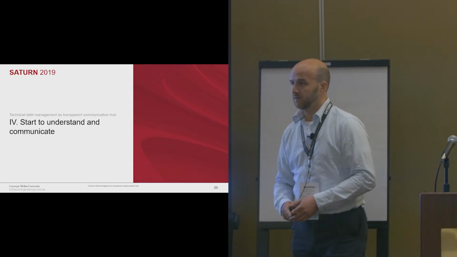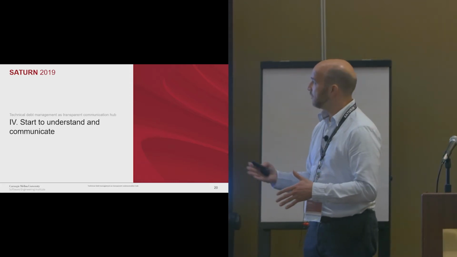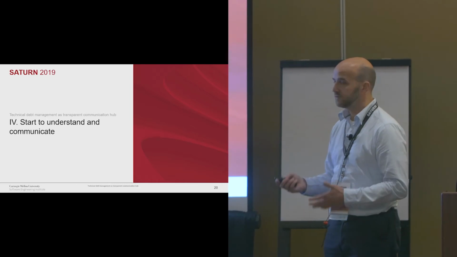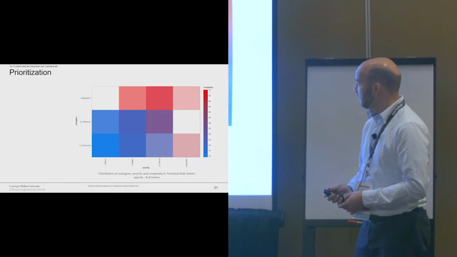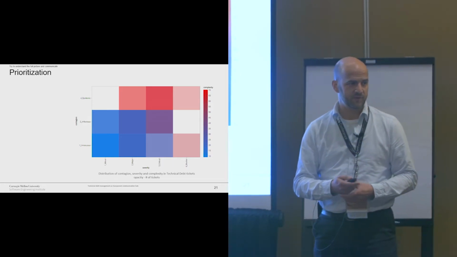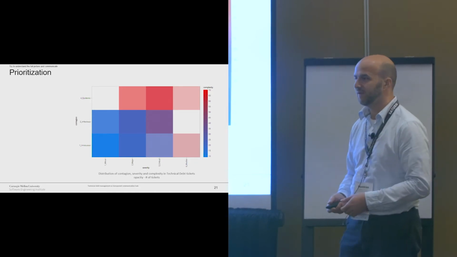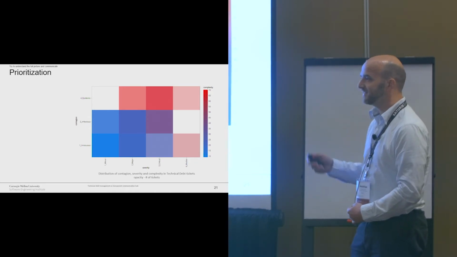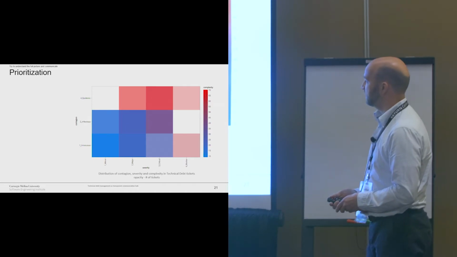Okay, then, so we explored. Initially, we filled the bucket, and now we started to play with the data, to understand, to communicate internally. The nice thing is when you have the data, then you can have some charts, and you can start to understand.